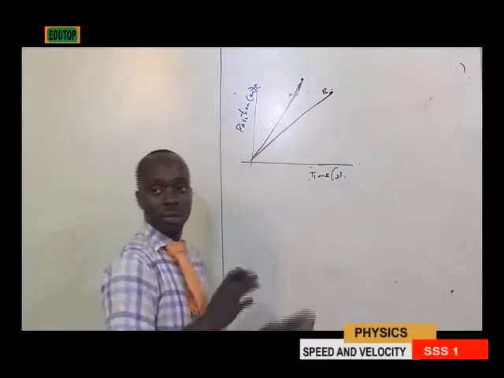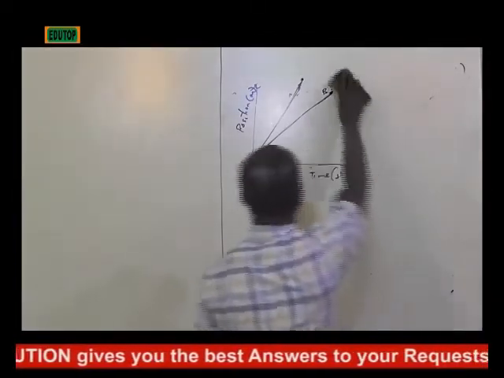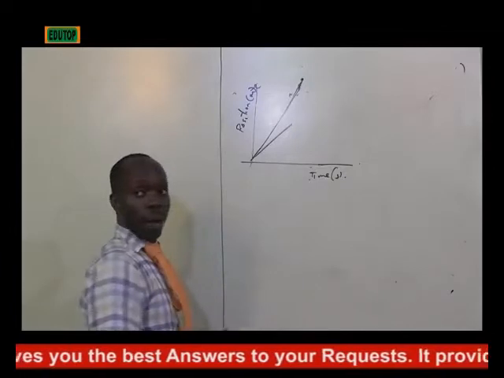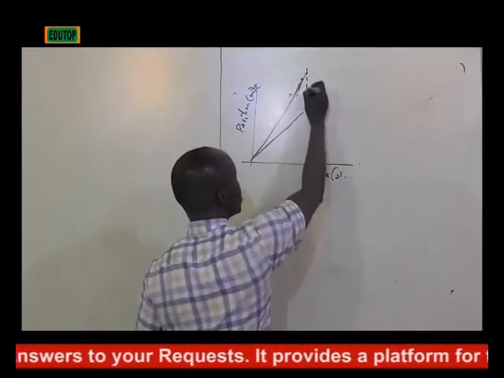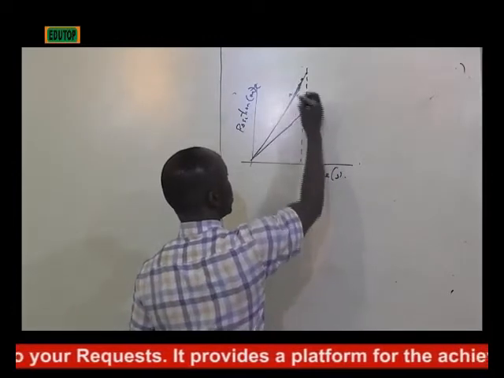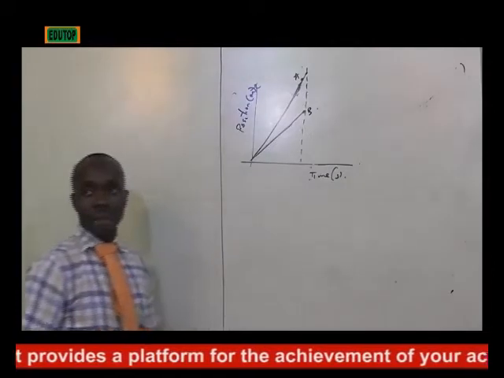What do I mean? If, let's say peradventure, you have something like this. Let me change the location. I want both to strike the same point. Now this is time T. This is A now, and this is B. Are we getting it now?